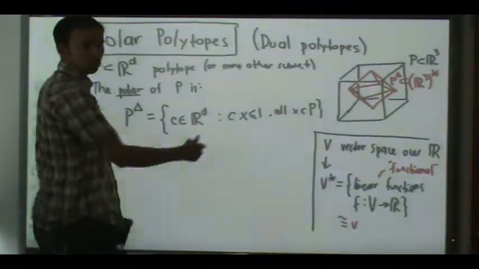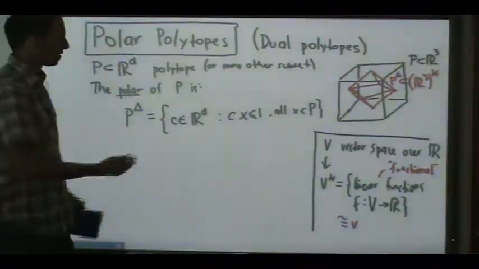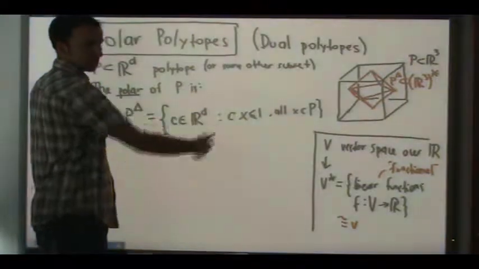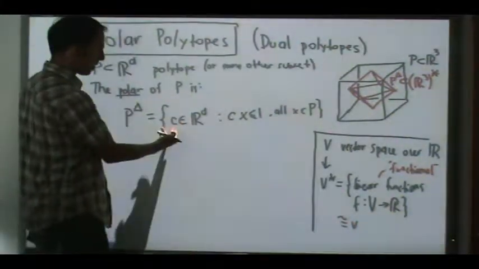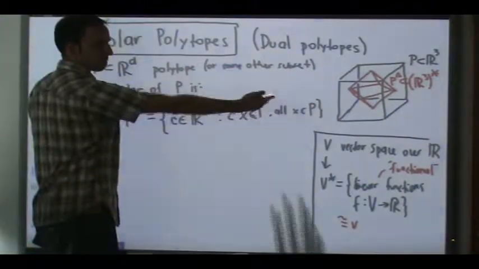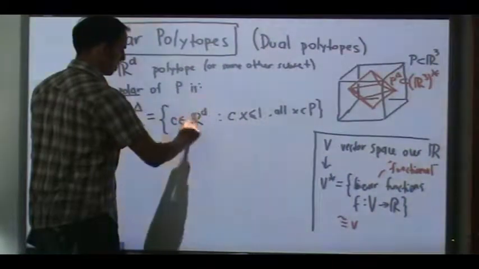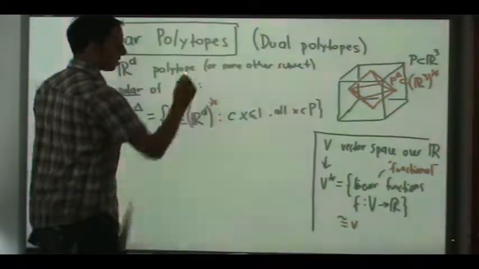So what we have is a pairing between a vector space and its dual, and c acts as a linear function, and we're considering the linear functions that send x to something less than or equal to 1 for all x in P. So it's more natural to make this live in the dual space.